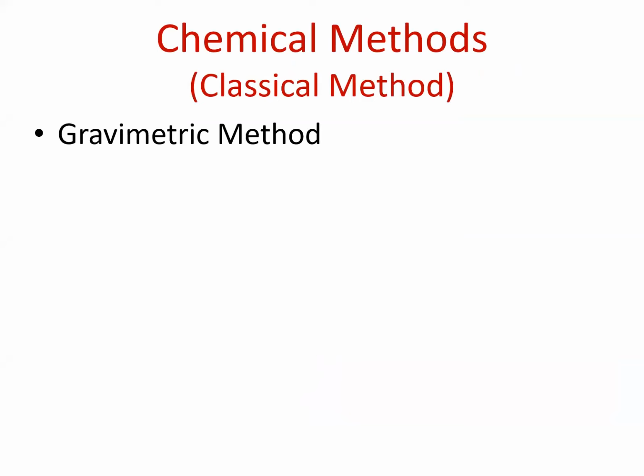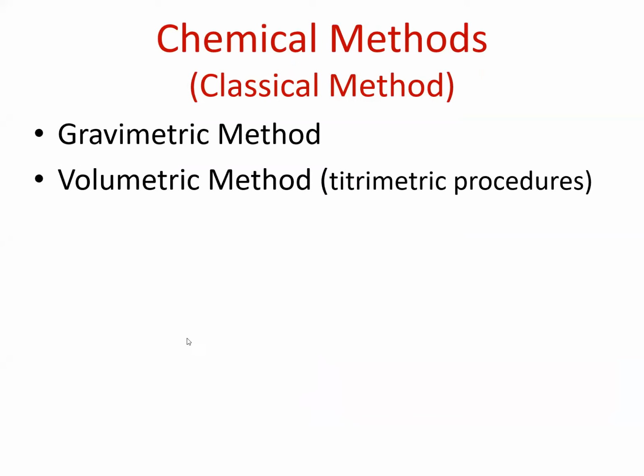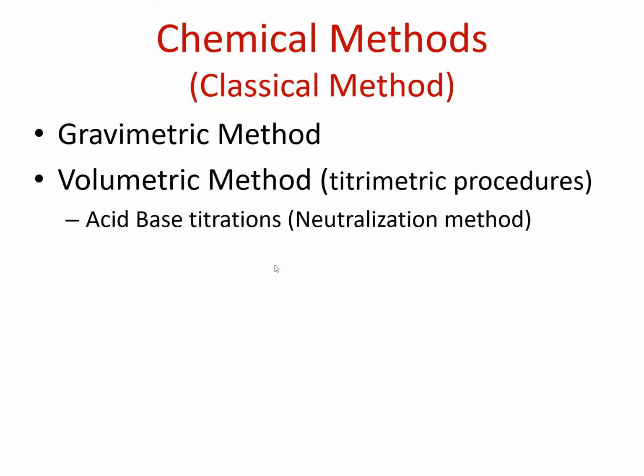Some of the classical methods that have been used before were the gravimetric method, where you weigh mass. The other one is the volumetric method, which involves titrimetric procedures. All of us at this stage have been exposed to titrations. That involves measuring the volumes of your analyte and the titrant.